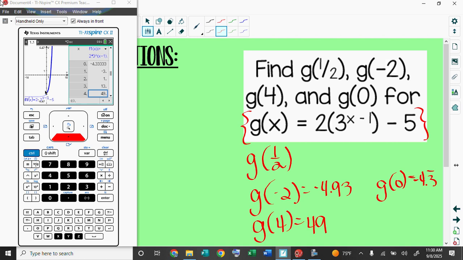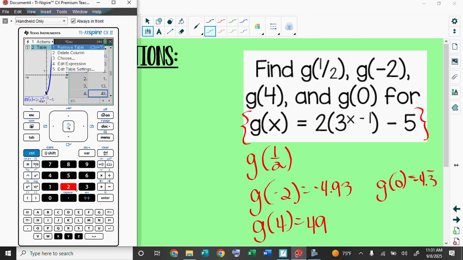Okay, so now I need to find this. So on the underside, I need you to press menu. Hold on, I have to rethink about this. Menu. And then we're going to choose 2 for table.